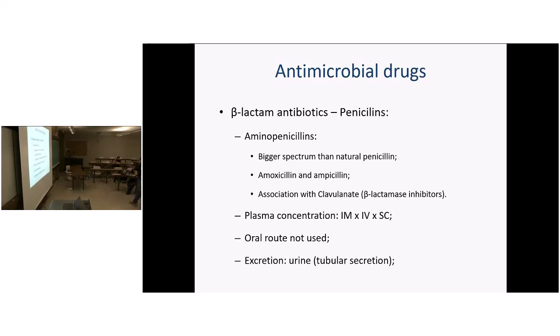Why? It's somewhat the same way as, for example, sulfa and trimethoprim, which both act in different pathways of the same molecule, so they act synergistically. In this case, clavulanic acid is a beta-lactamase inhibitor. Okay, what is this?